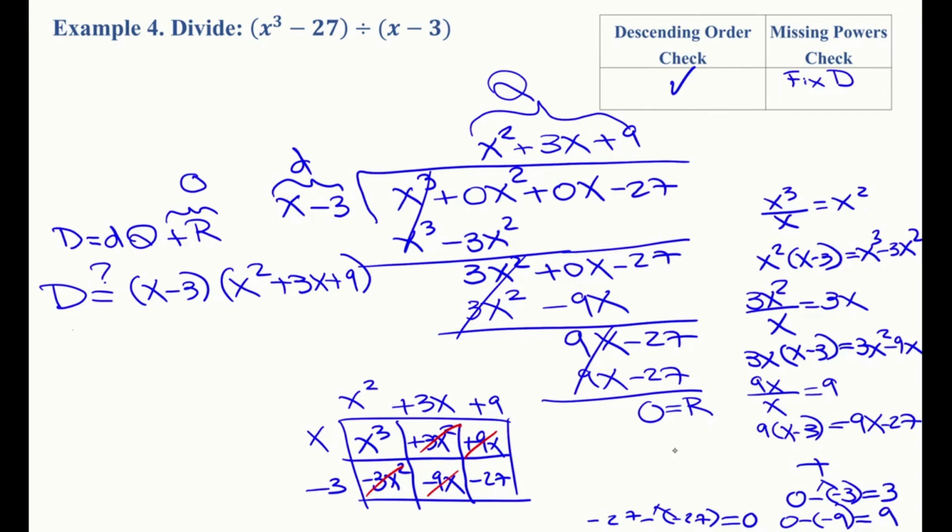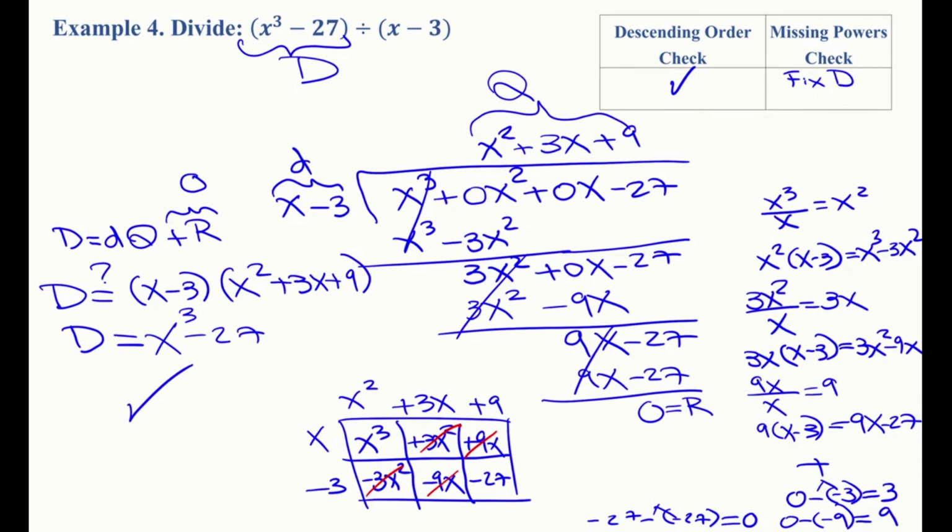And that is exactly D. Remember, this right here is what we call capital D, or the dividend. So the dividend is indeed the divisor times the quotient. So you notice when we multiply x minus 3 by x squared plus 3x plus 9, we got exactly x cubed minus 27. So we're done. We've done the verification and it's done correctly.